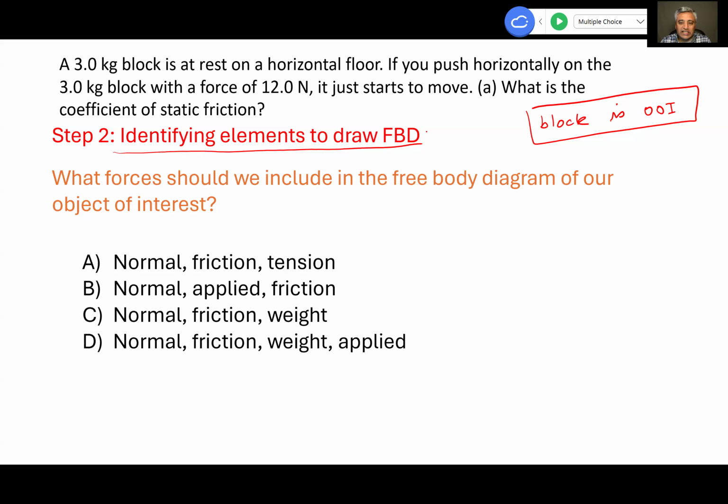So what forces are acting on this object of interest? Remember, we have a long range force, which is gravitational force, or weight, or mg, right? And then we have possible contact forces. What are those? Could be normal force, friction force, tension force, and some applied force, right?